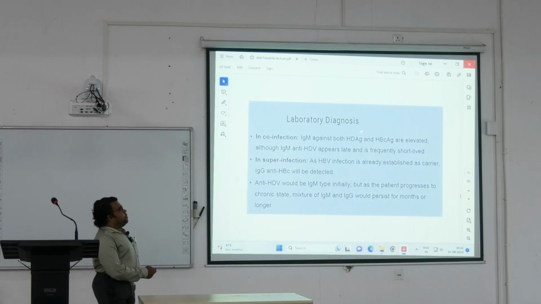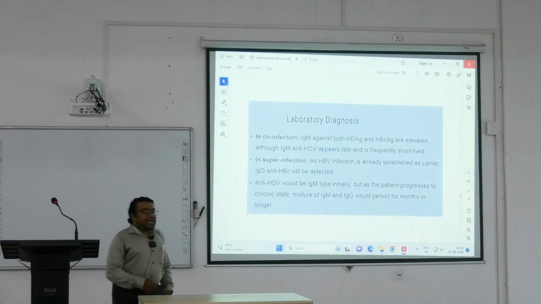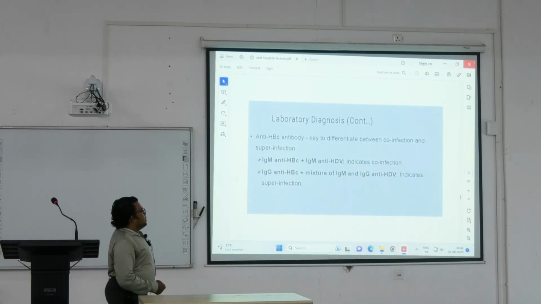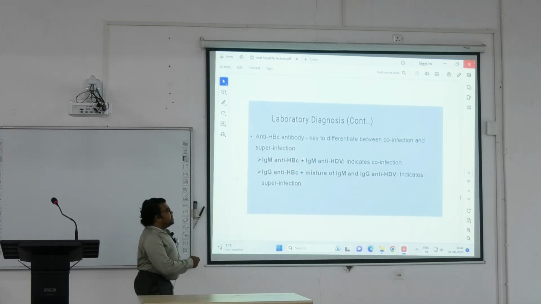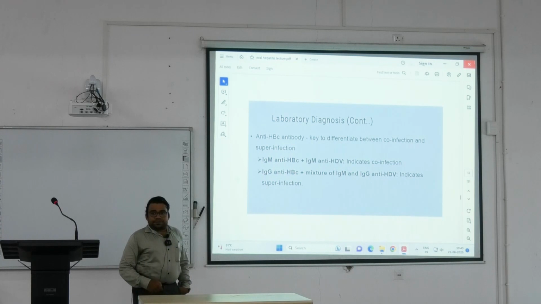Diagnosis can be done by detection of IgM or IgG against hepatitis D antigen. If IgM against hepatitis B core antigen and hepatitis D virus are present, it indicates co-infection.